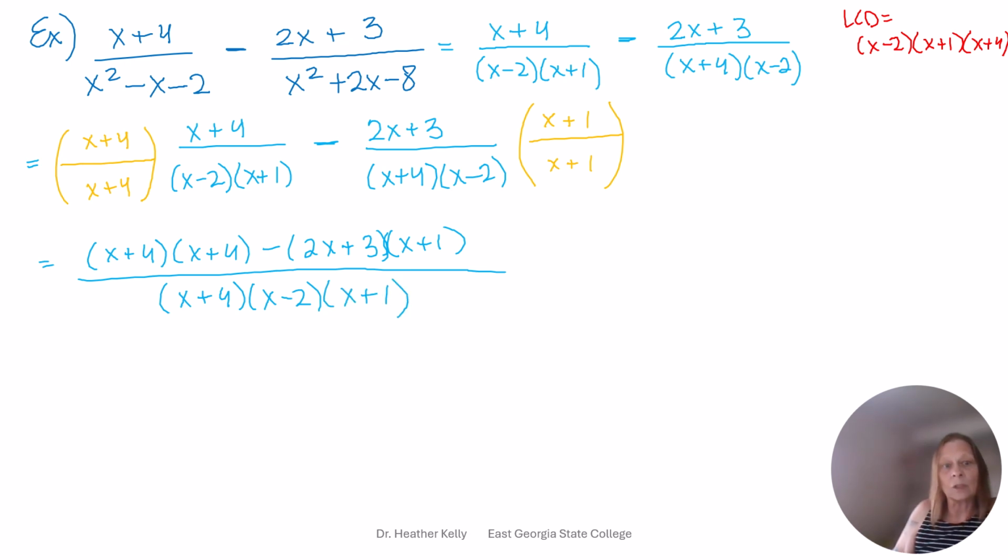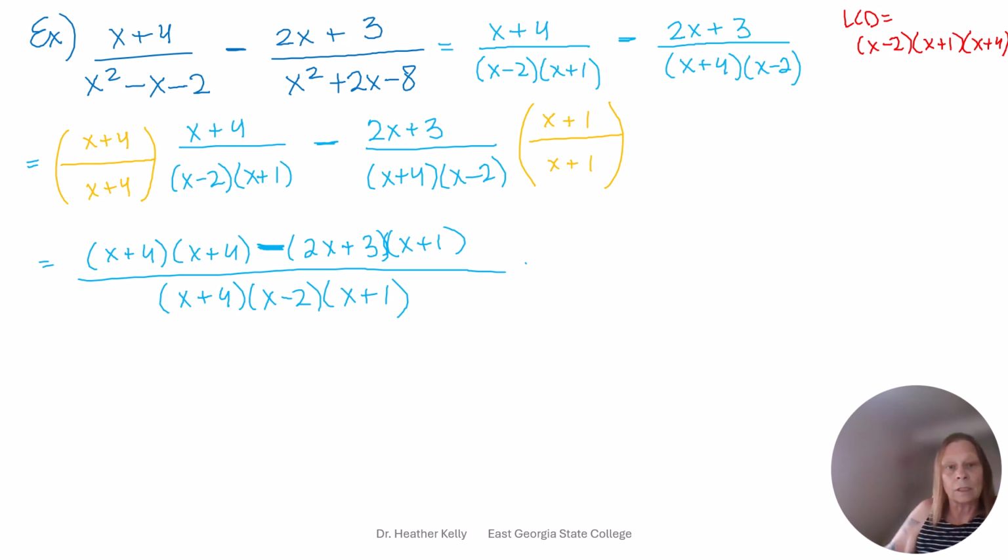Now, a lot of times students feel compelled to do some canceling here, and you cannot cancel here because all of this stuff is tied up in an expression of subtraction. So you have to multiply it all out, clean it all up, do the whole nine yards.